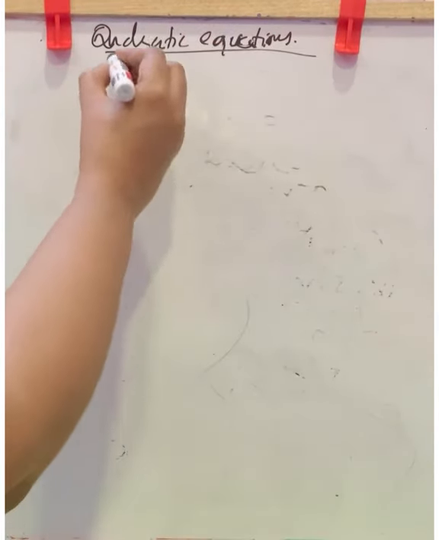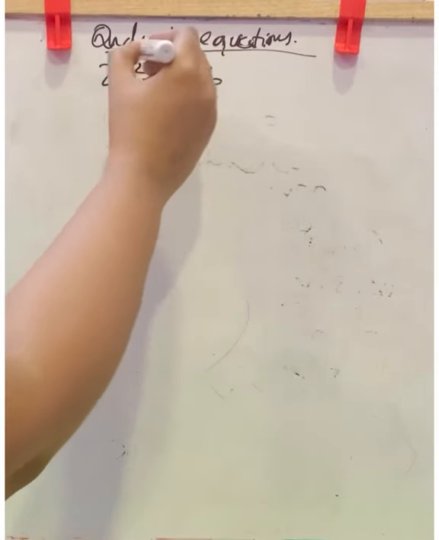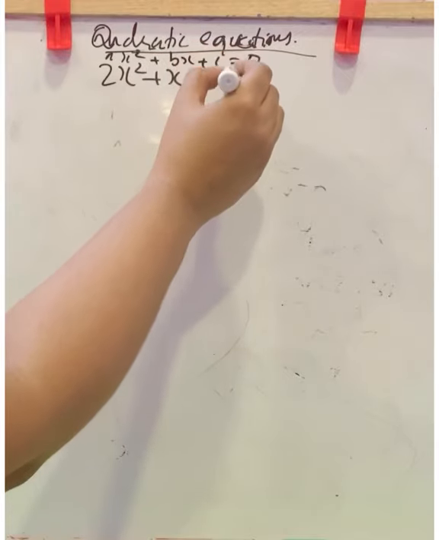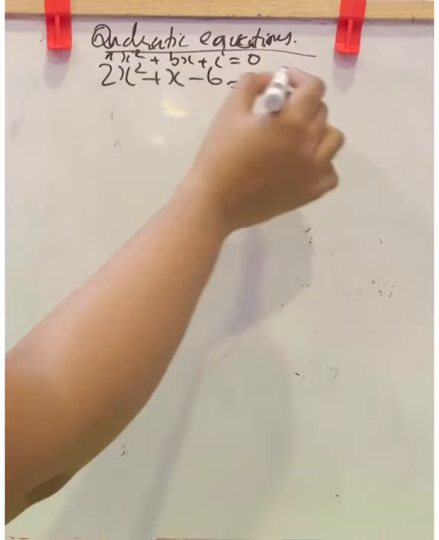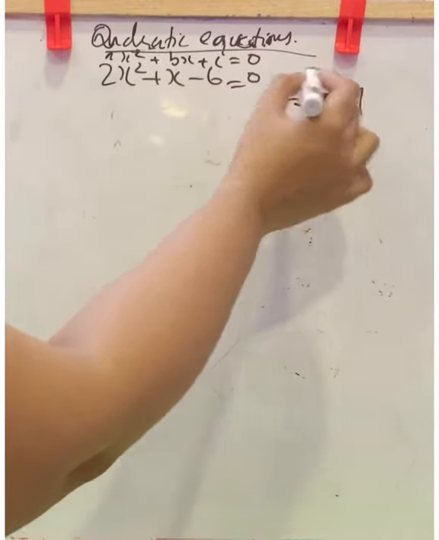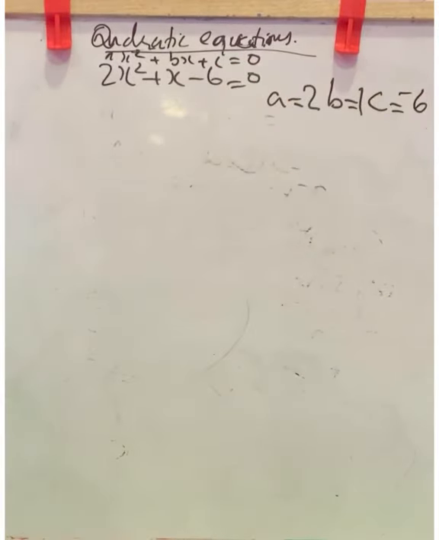Next question. 2x square plus x minus 6. This is ax square plus bx plus c equal to 0 form. Here a equal to x square coefficient, b equal to x coefficient, c equal to constant term, that is negative 6.